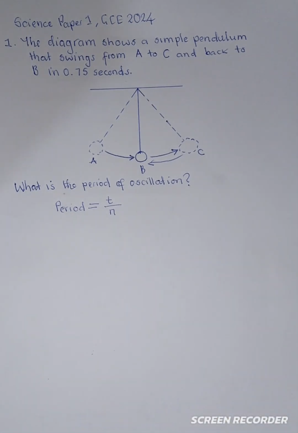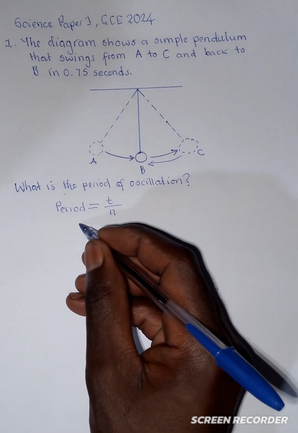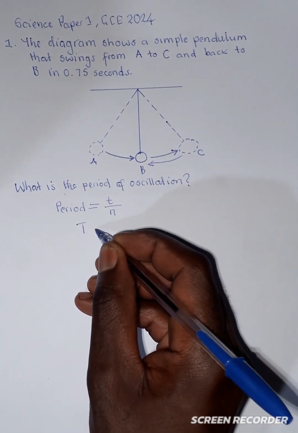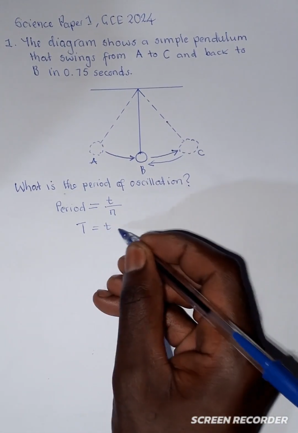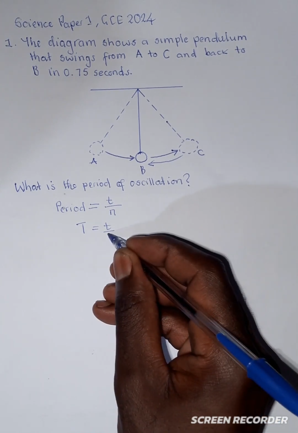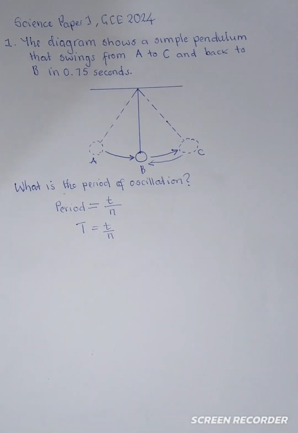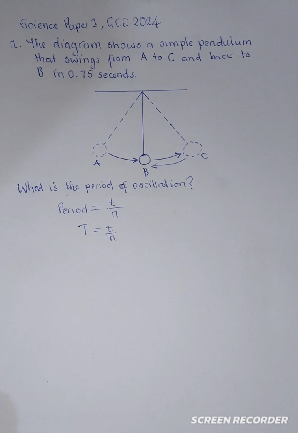Period can be written as capital letter T, and time taken as small letter t. So that is the formula we need to use when calculating the period of a simple pendulum.